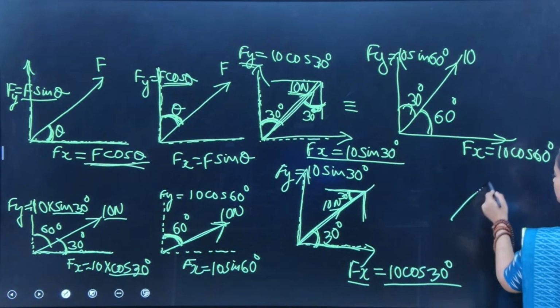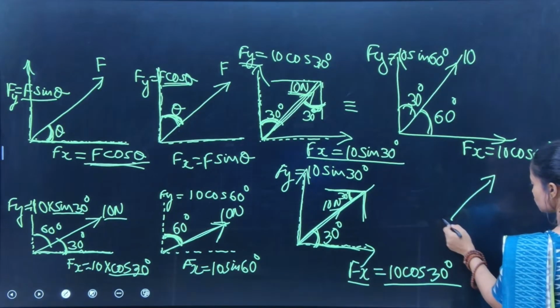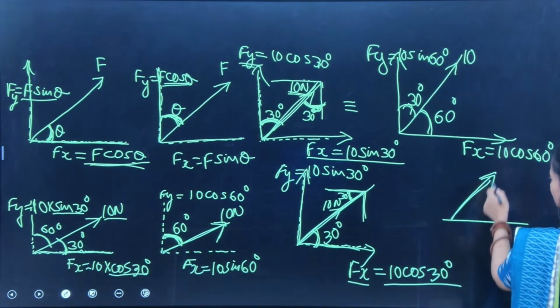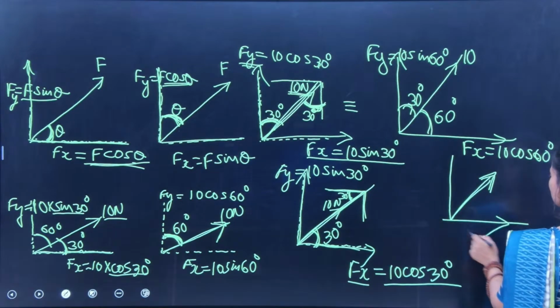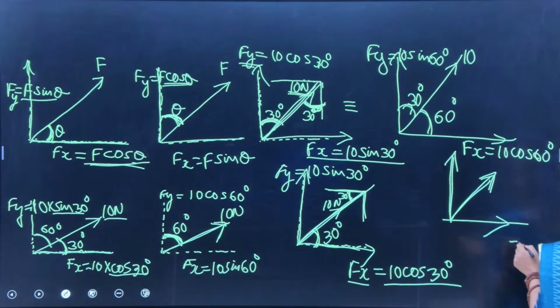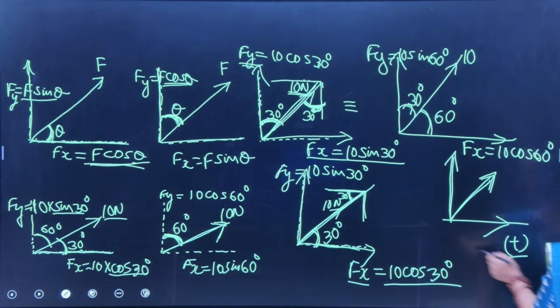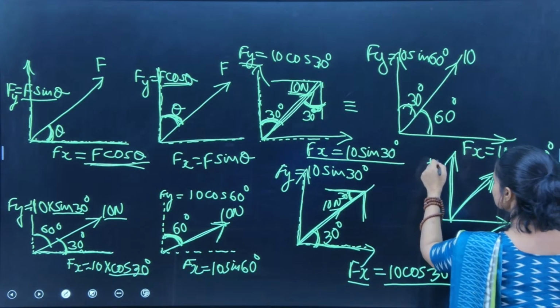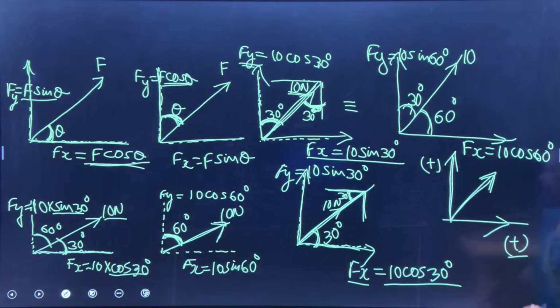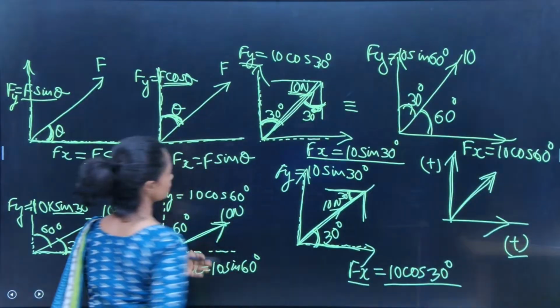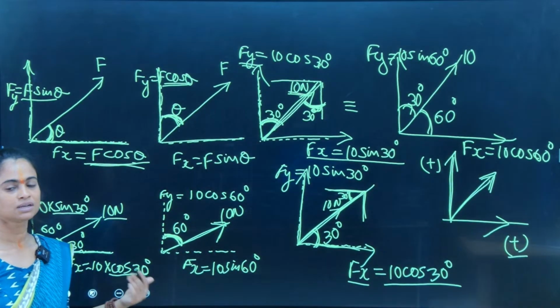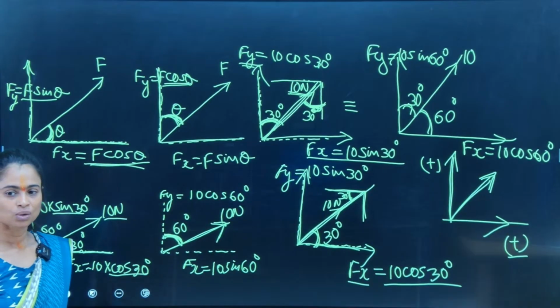Since the inclined force was in the first quadrant and it is pull in nature, its components were pull and both were positive. Fx was positive since it is going rightwards, and Fy was positive since it is going upward. So in all these cases, we were considering pull type force in the first quadrant, so Fx and Fy both were positive.